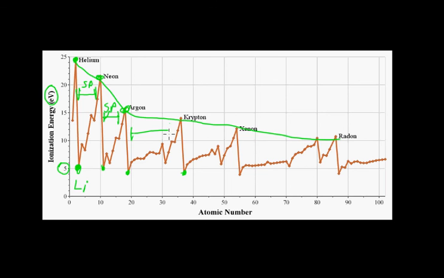That is your S, P, and D block elements. If you look from xenon to radon, the space is huge. This is your S, P, D, and F block elements. So that's about it for ionization energy.